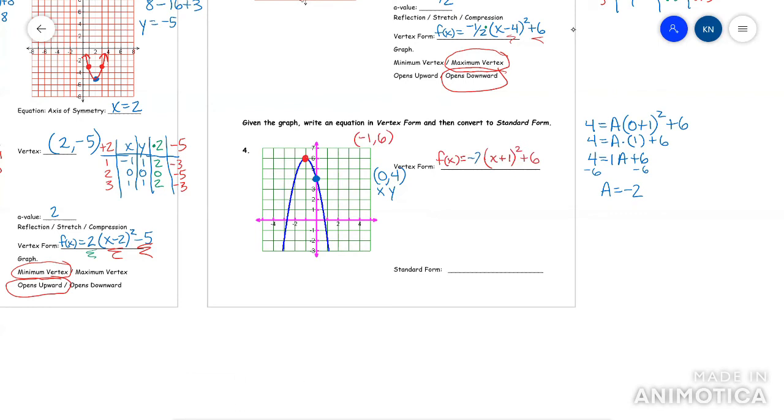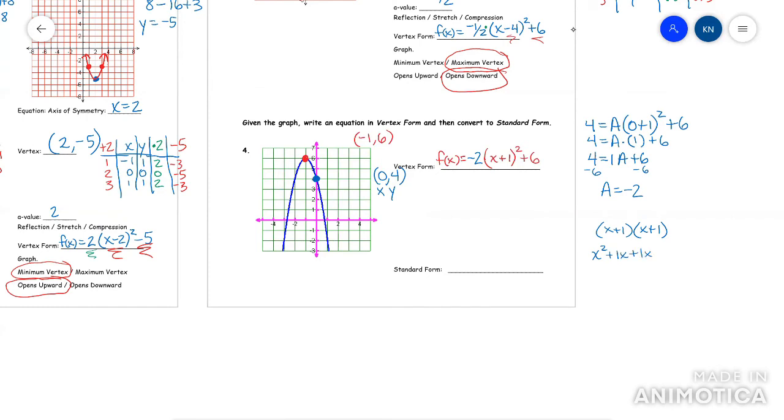All right, now to write this in standard form, you're going to have to FOIL this out. If you don't know how to FOIL, go watch the previous video. But basically this x plus 1 squared goes first to the first. That's x times x is x squared. The outside is 1x. The inside is 1x.